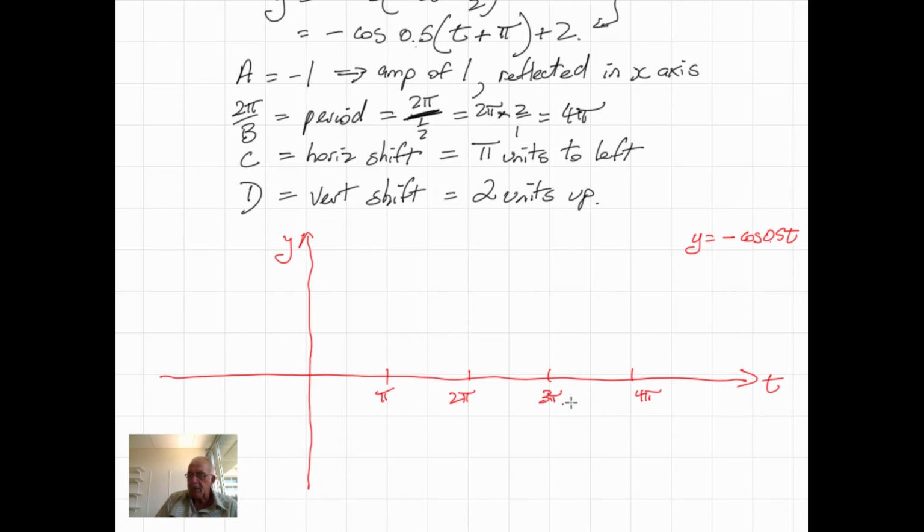So I've got one complete cycle, and it still has an amplitude of 1, and the negative means it's upside down. So that's negative 1 to plus 1. It'll start here, go through there, go up there, go through there, and then back down to there. We'll get our colours going again and do it in red.